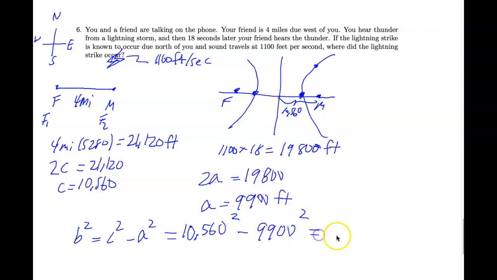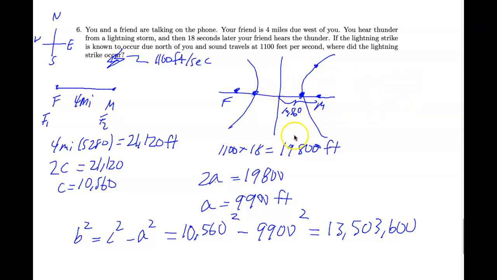When I punched this into my calculator, I came up with 13,503,600, and that's b squared. That's basically telling us how high up we are, to find the asymptotes, if you want to say it that way.